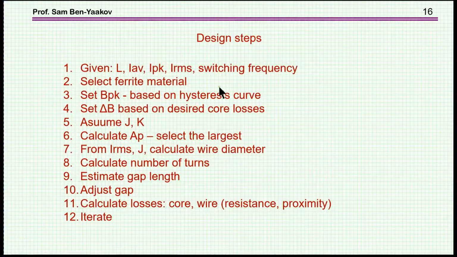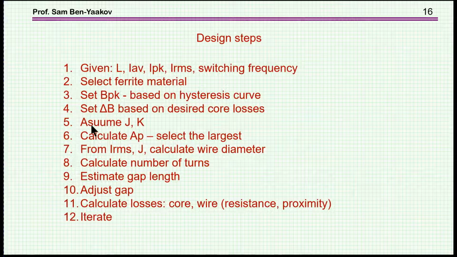So what are the design steps? We start with the requirements: L average, I peak, I RMS, and switching frequency. We select a ferrite material. We set the peak value of the magnetic flux density. We set delta B based on the desired core losses.